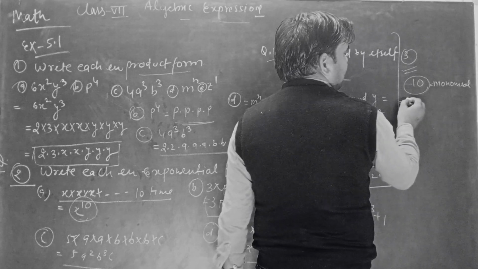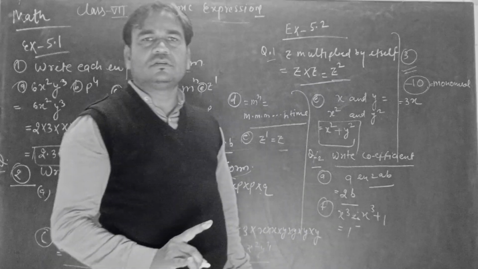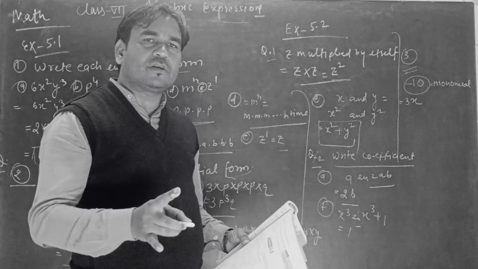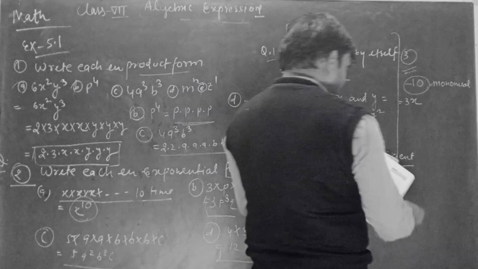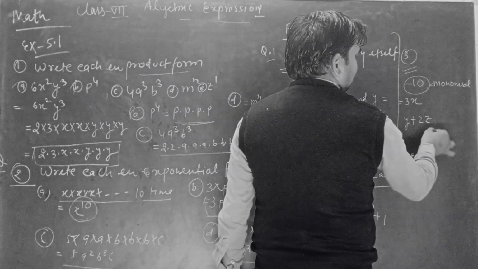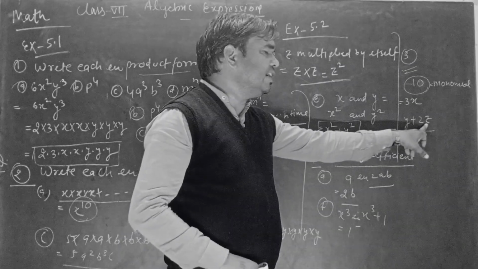And we take 3x. This is also a monomial. And after that you take two terms. This is called a binomial. So let me see two terms: y plus 2z. It means you are given y and 2z.